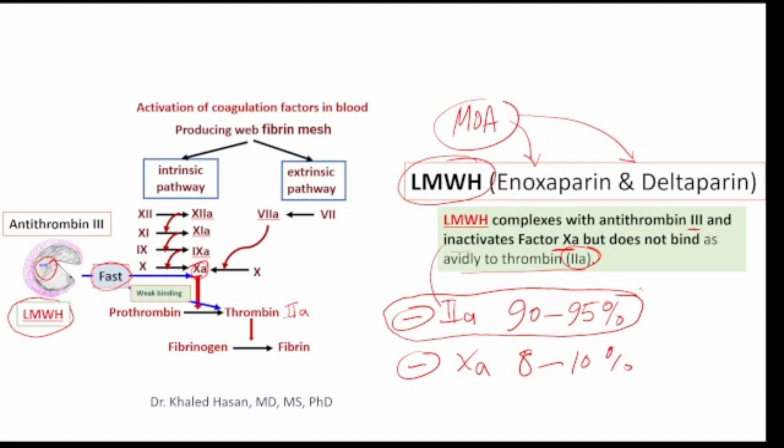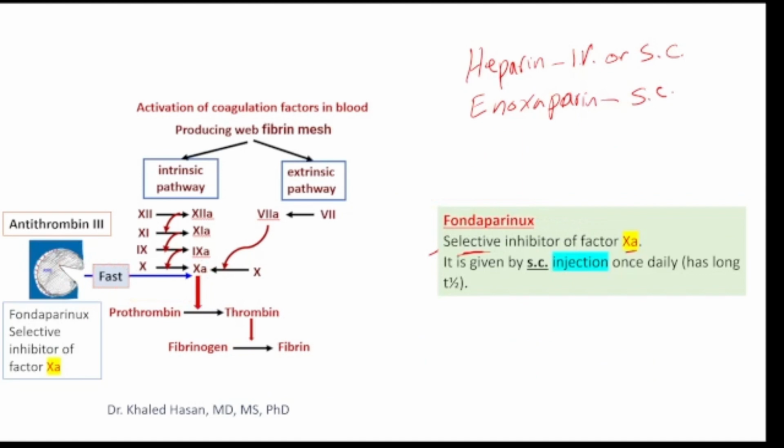The majority of its effect is on factor 10A, but it has some effect on 2A. Fondaparinux is a selective inhibitor for 10A, and this medication is prescribed subcutaneously once daily. Let me bring some pictures here for some products.